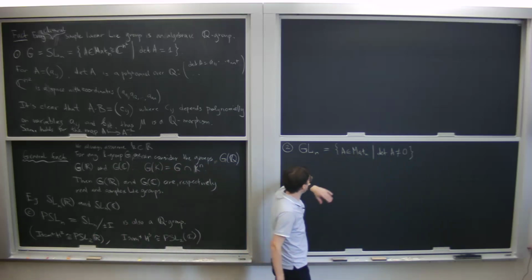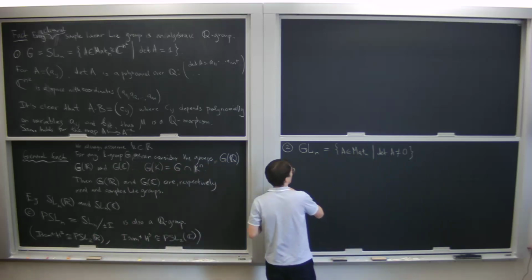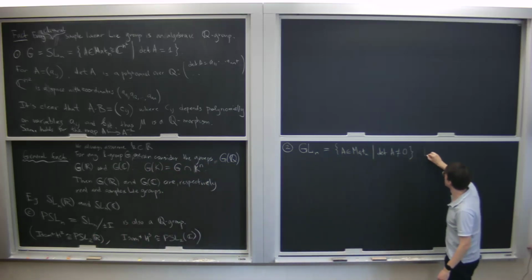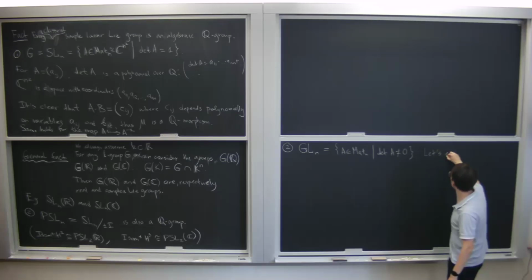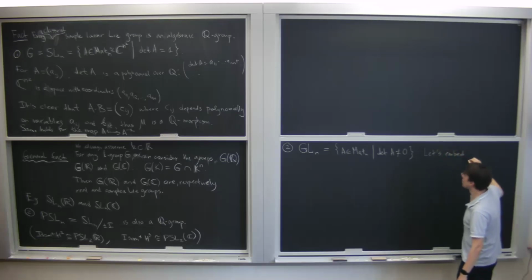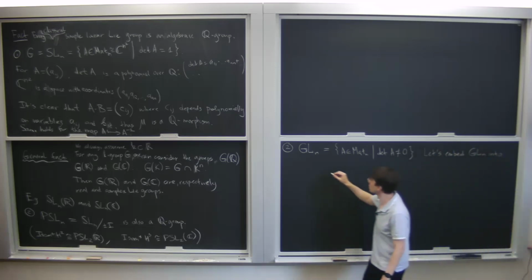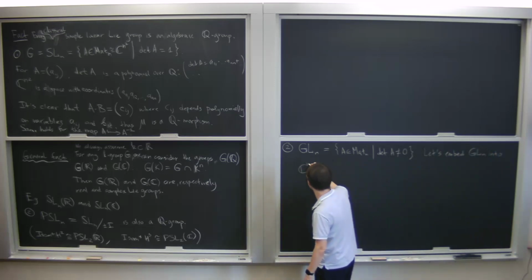But to get this as an algebraic group, one needs to embed GL_n into C^(n^2+1).